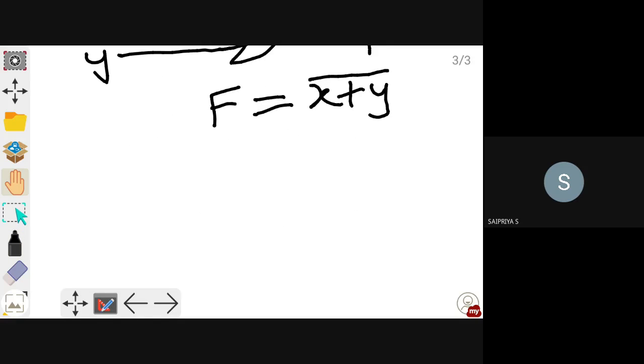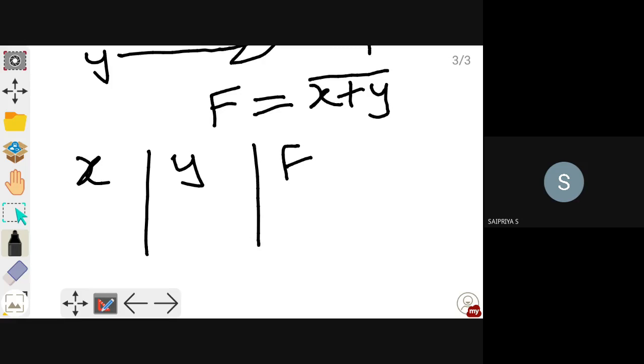So X and Y are input and F is the output. 0, 0. 0 plus 0 will be 0, and invert it, you will get 1. And 0, 1.